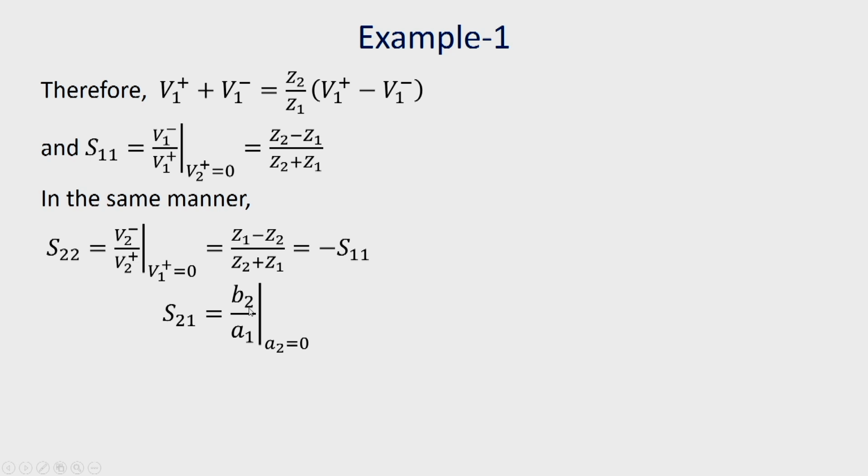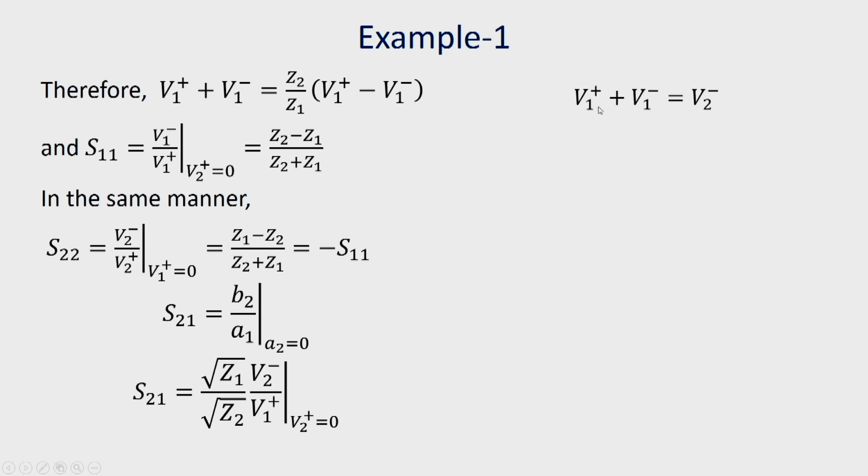S21 is B2 by A1 when A2 equal to 0, and once we substitute B2 and A1, we can write B2 is V2 minus by root Z2 and A1 is V1 plus by root Z1. So, it can be written as S21 is equal to root Z1 by root Z2, V2 minus by V1 plus for V2 plus equal to 0.